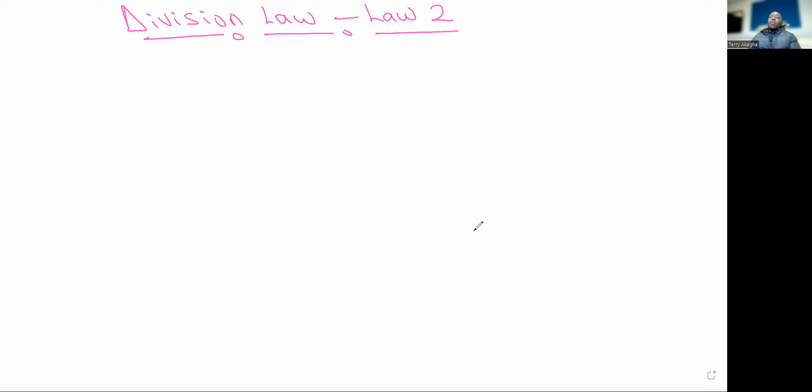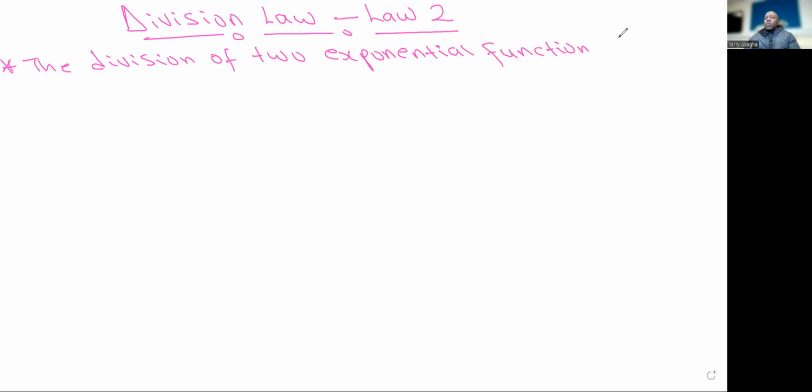Because I'm aware that some of you do take notes, I'm going to write what I just said on the board. So the division law, or the division of two exponential functions, is equal to the difference.